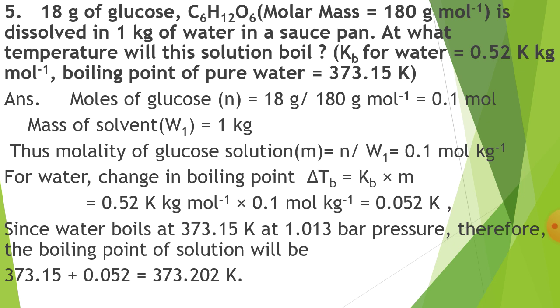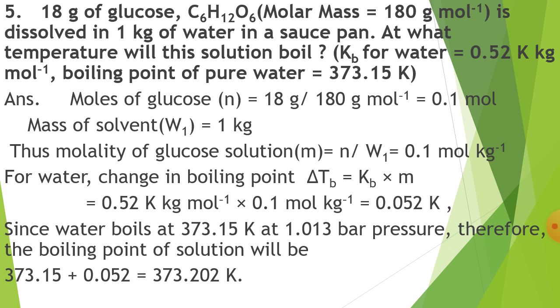Here they are asking the solution boiling point, that is Tb. Kb for water is given. Boiling point of pure water is also given, 373.15 Kelvin. So first of all we have to find the delta Tb, and then from delta Tb equal to Tb minus T naught b, we find the Tb.